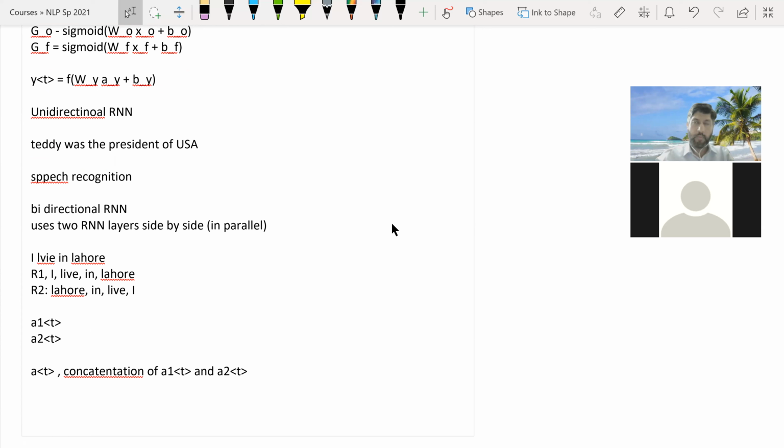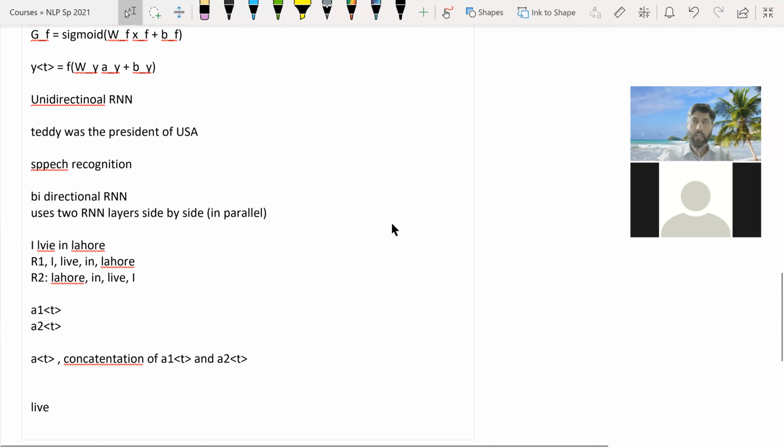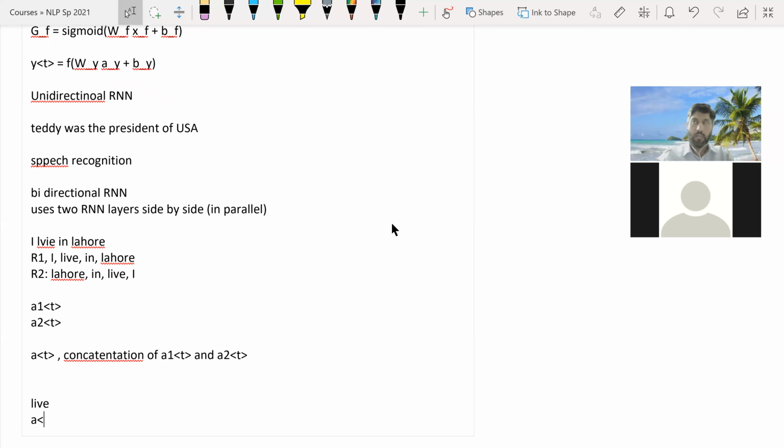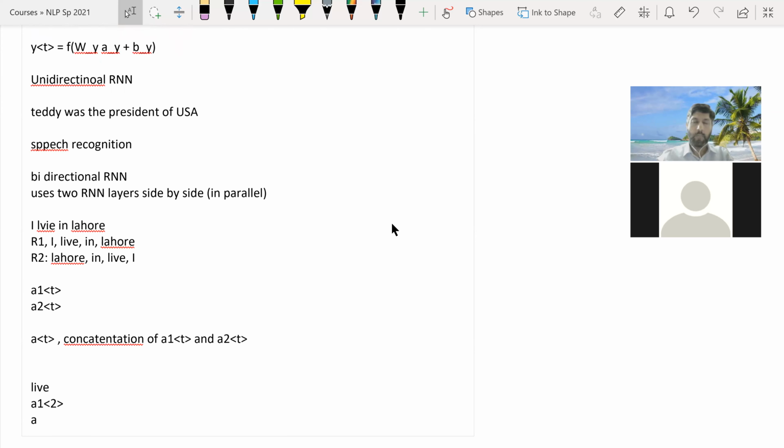Of course, let's say you are processing "live". Then you have to take A1 at 2, okay? And for A2, if you are counting from backwards, Lahore would be 1, in would be 2, and live would be 3. So these would be concatenated.